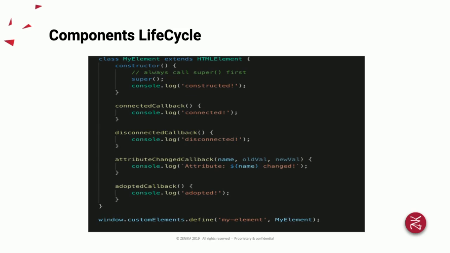Attribute change callback is called whenever you pass a property or attribute to your component. And adopted callback is called when you move your custom element from one DOM document to another.